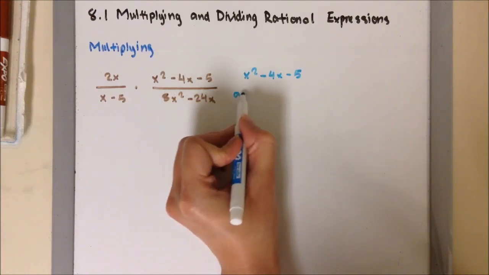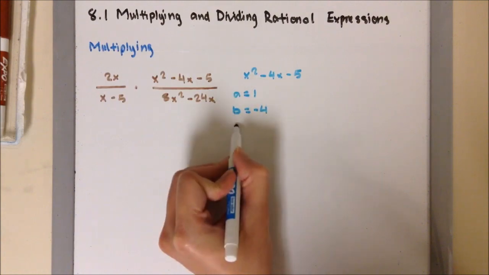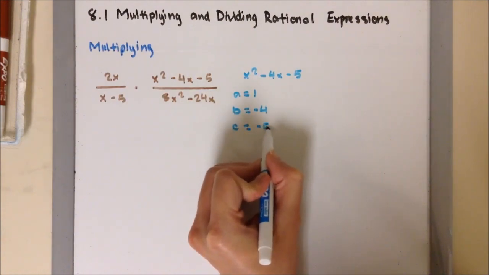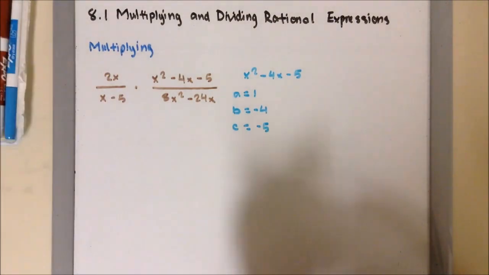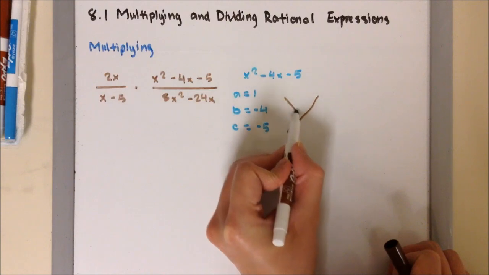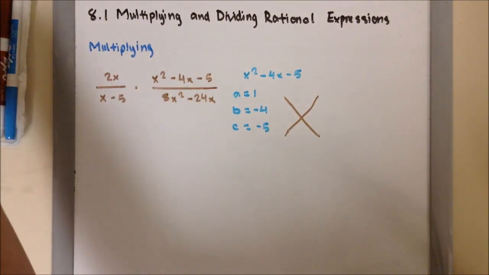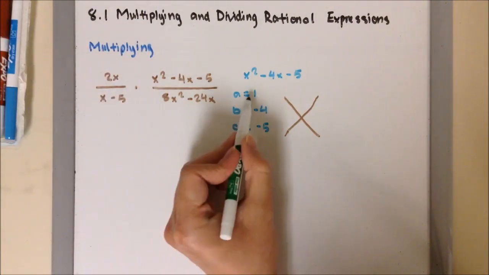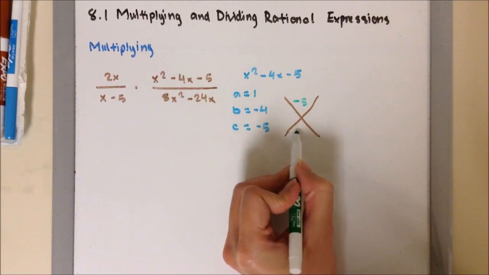So a is 1, b is negative 4, and c is negative 5. Just like how we did before, here's my x table. The top number is a times c, which is negative 5, and then b, which is negative 4.